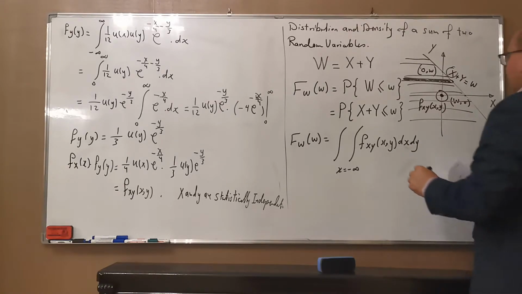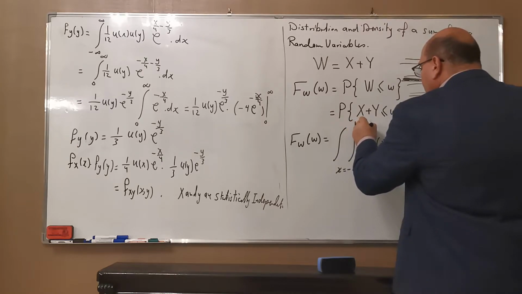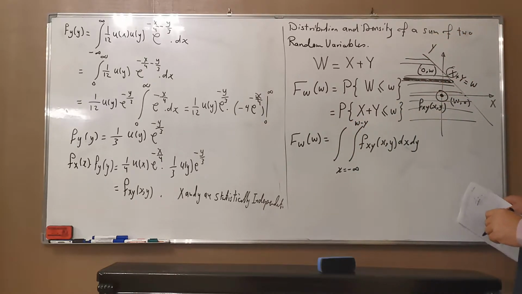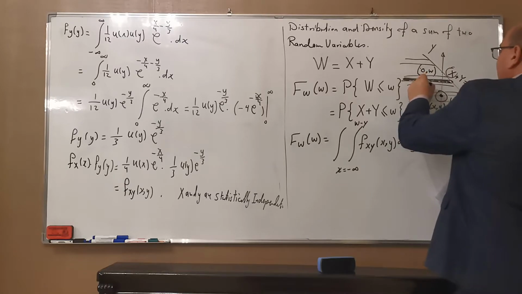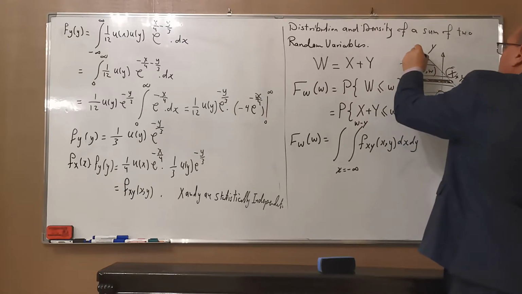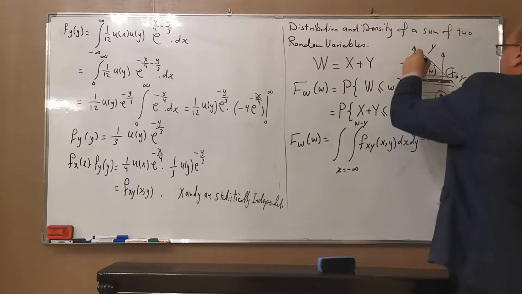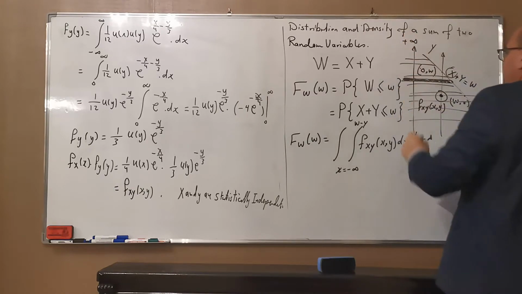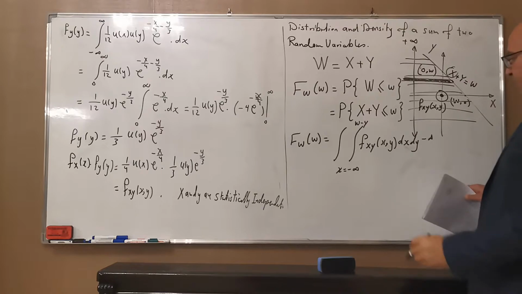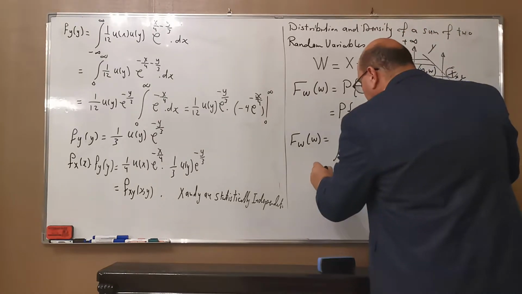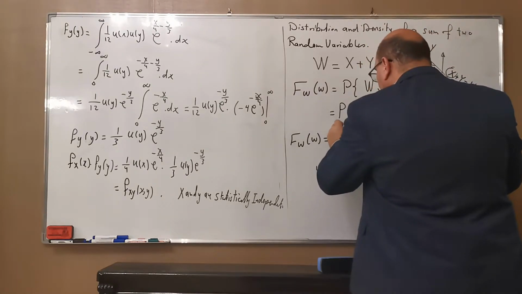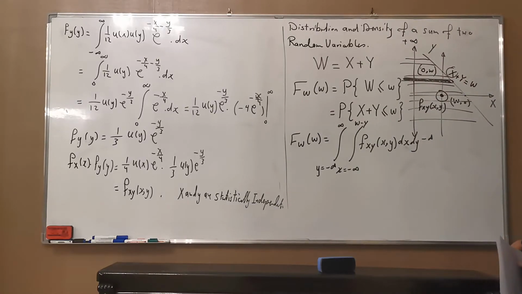So X here is w minus y. And this strip that we are taking here goes up here and down here, from minus infinity in the Y direction up to plus infinity in the upper direction. So Y goes from minus infinity to infinity. Okay? This is known from calculus.